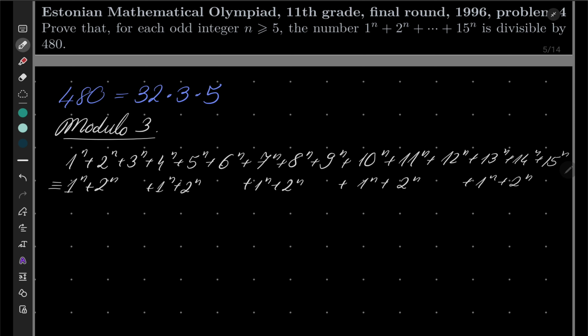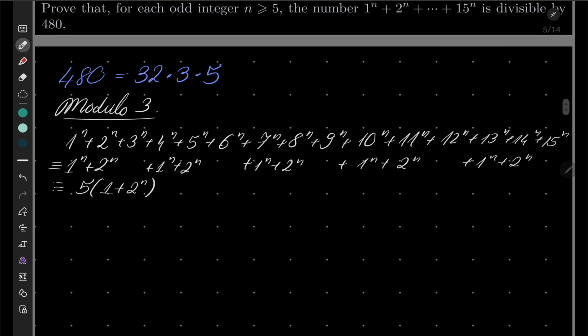And here we see that it is in fact 5 times (1 to the nth power plus 2 to the nth power). And since n is odd, 2 to the nth power is congruent to -1 modulo 3.